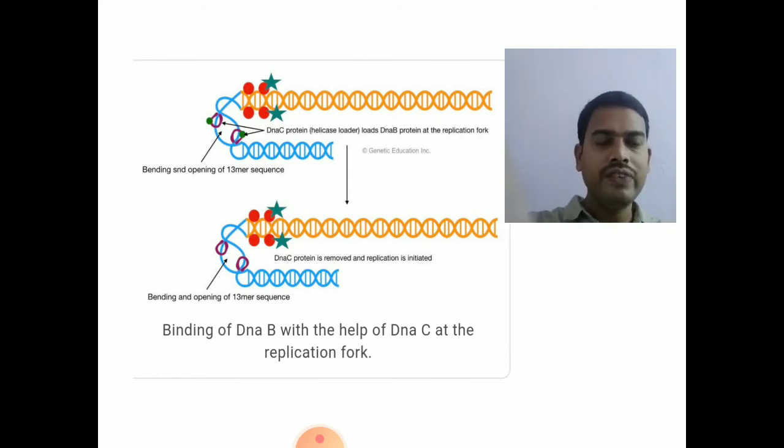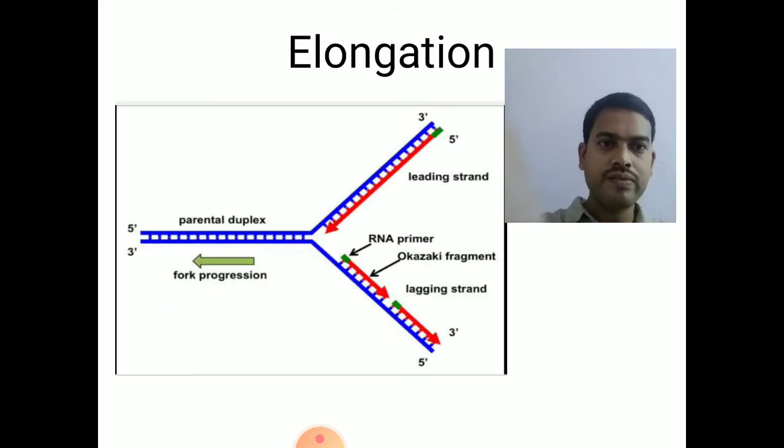After unwinding of DNA by helicase, it is called the replication fork, on which the elongation will take place. So this is the replication fork on the right side of the slide, where double-stranded DNA is unwound into two single-stranded DNA.